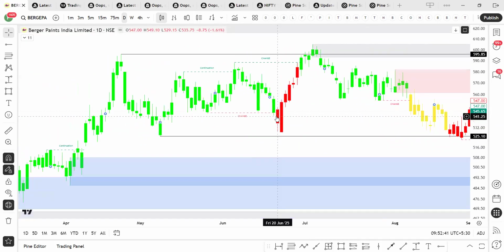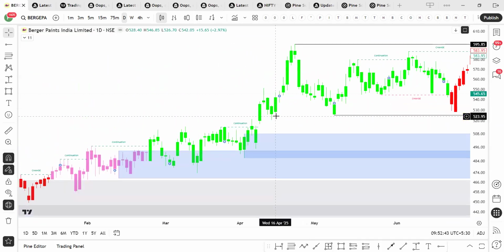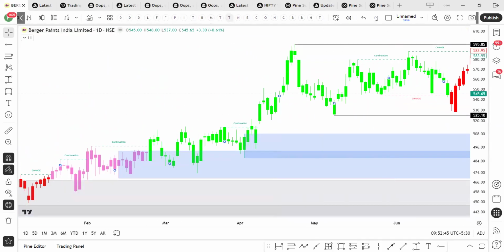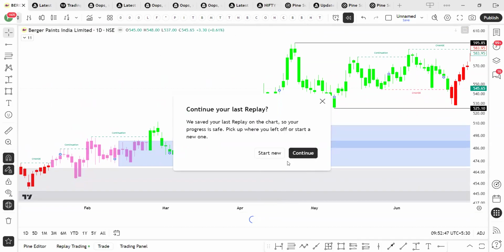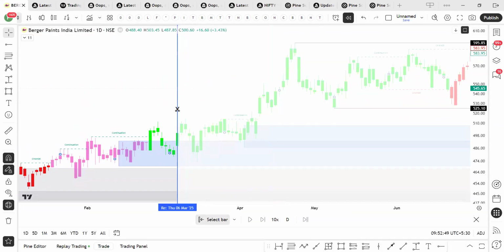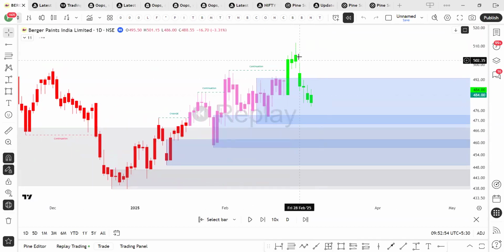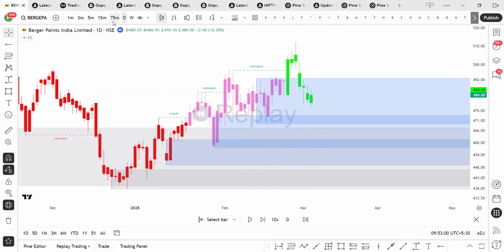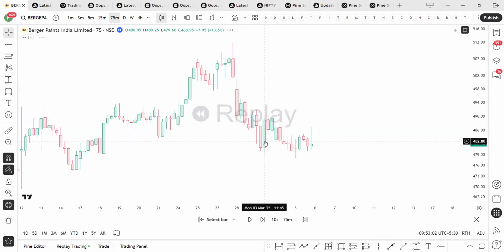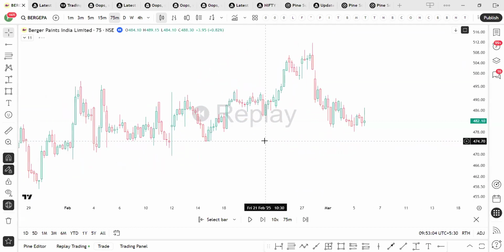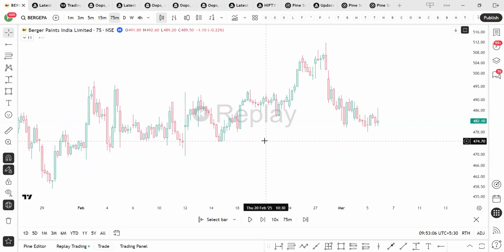For example, suppose I am buying here. Here it turned green and I want to buy on retracement. At that time, I can go to 75-minute time frame and check.